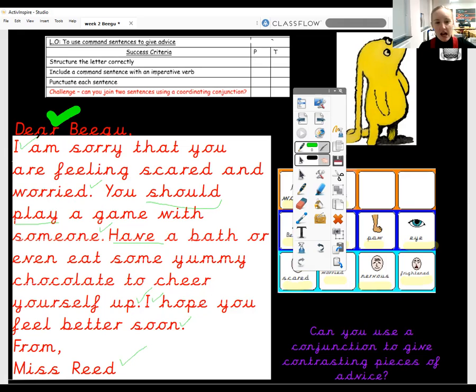Super. I wonder then today if you can have a go at writing a little letter to Bigu to try and cheer her up. See if you can make sure that you're including these commands with imperative verbs, because that's really important that we're using that skill that we learnt before half term. You might even want to get those pieces of paper out and have a flick through them and steal any ideas that you can.